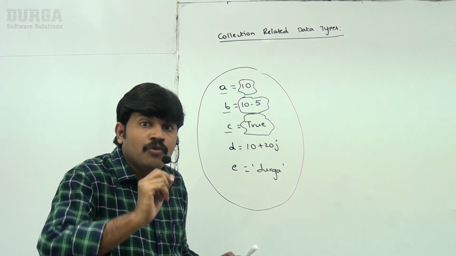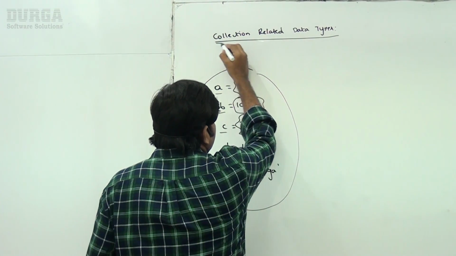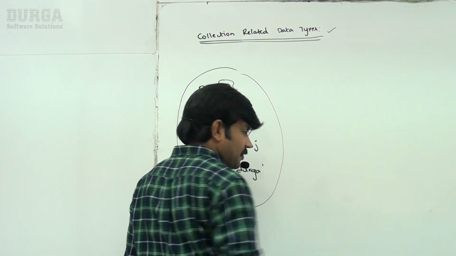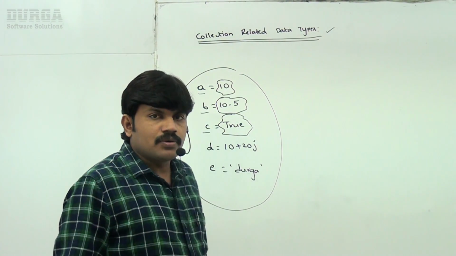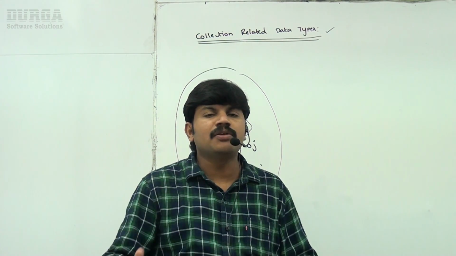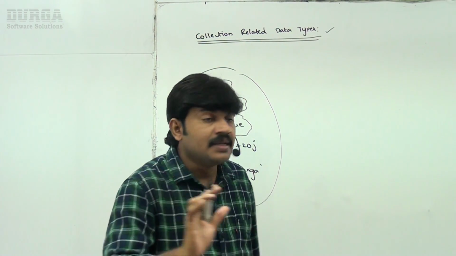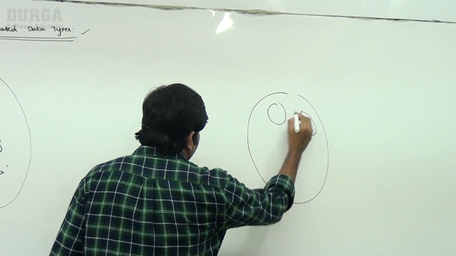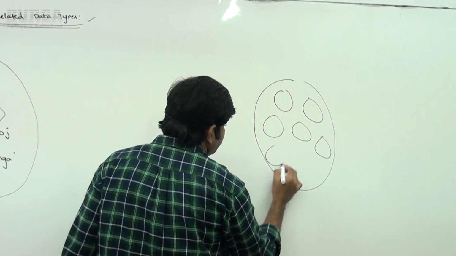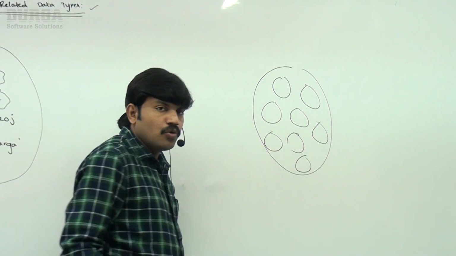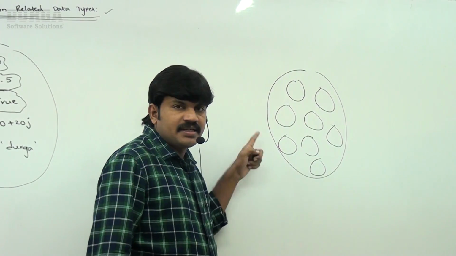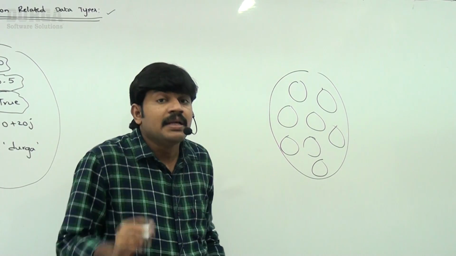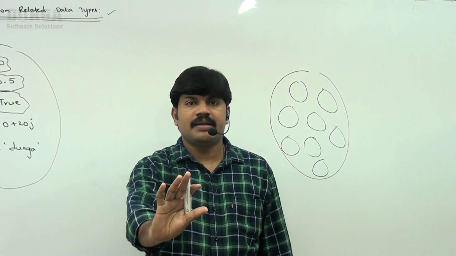For that, we have to go for collection related data types. Are you getting? If you want to represent a group of values as a single entity, like the first value, second value, third value, fourth value, fifth value, sixth value, seventh value, then we require to go for collection related data types, right?